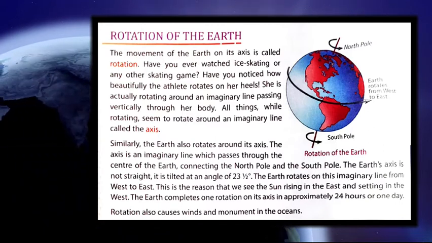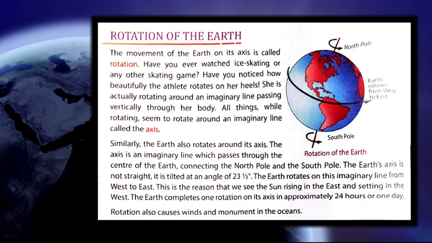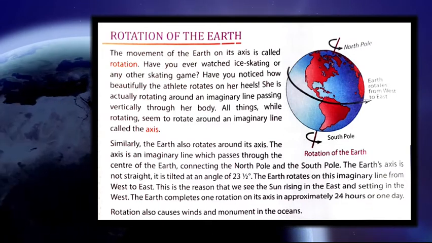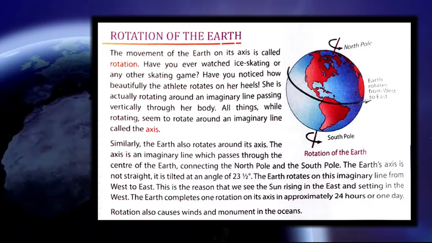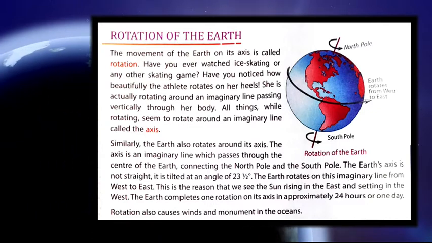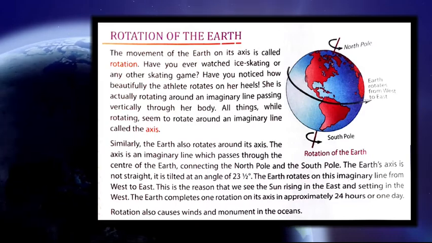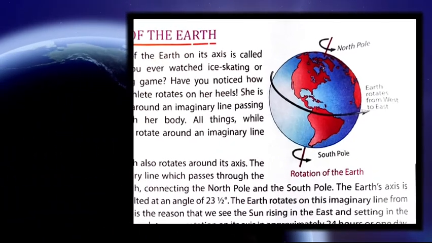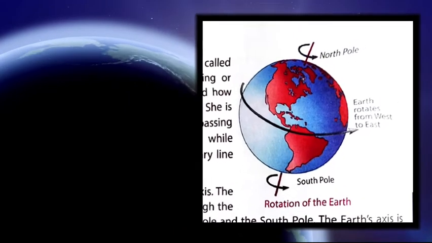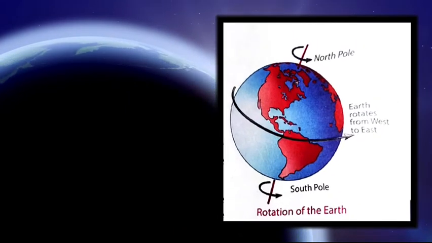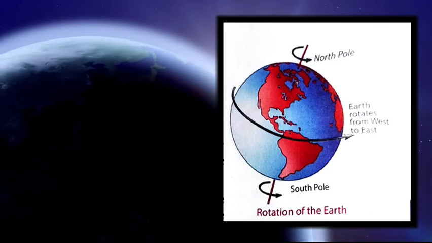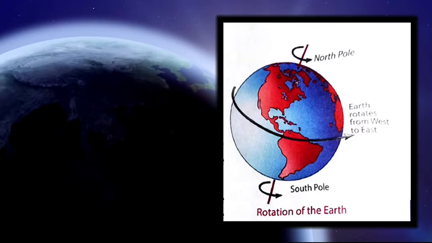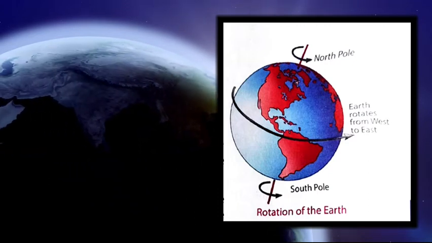As I have given you the example of an athlete, in the same way the Earth also rotates on its axis, but its axis is imaginary. The axis of the Earth passes through the center, connecting the North Pole to the South Pole, as you can see in the picture of the globe. Whenever you see the earth, it is not straight.